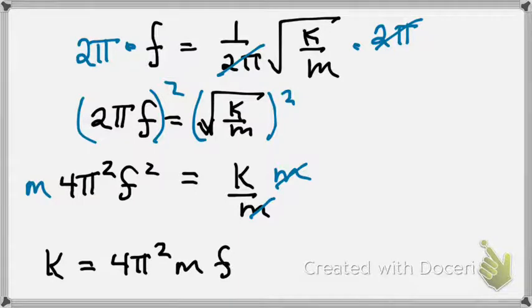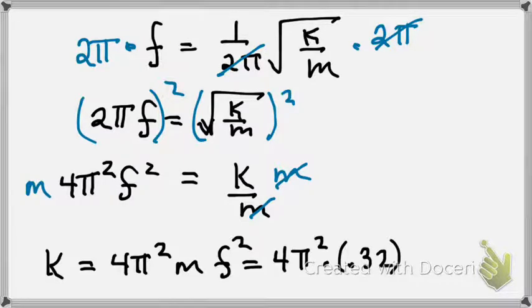So if I plug in the numbers that I was given: 4 times pi squared, my mass was a 0.32 kilogram mass, and my frequency was 1.6 hertz, and that was supposed to be squared.